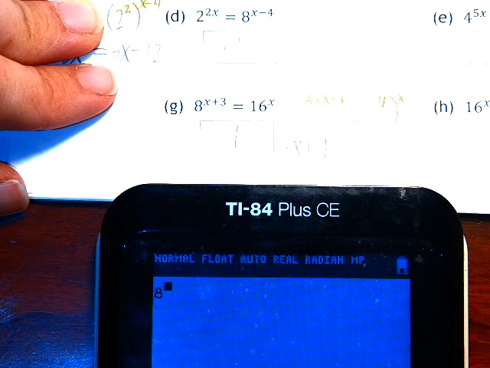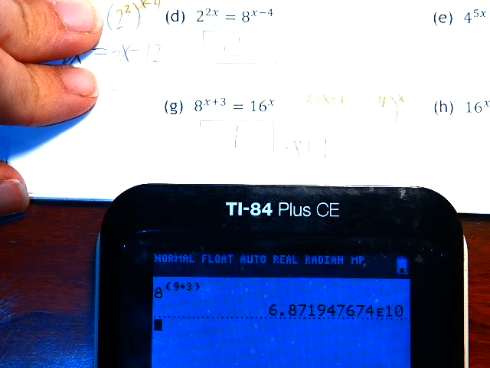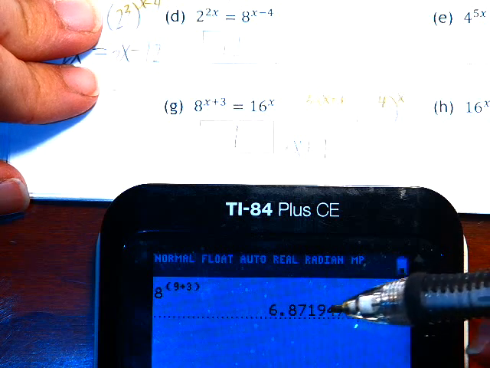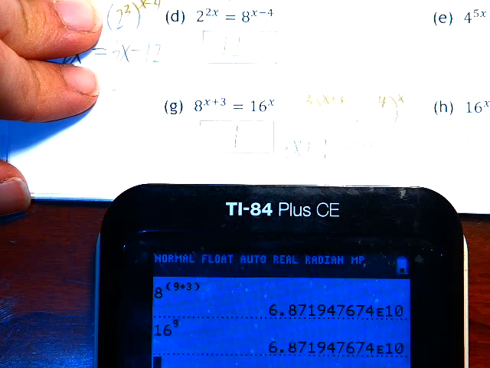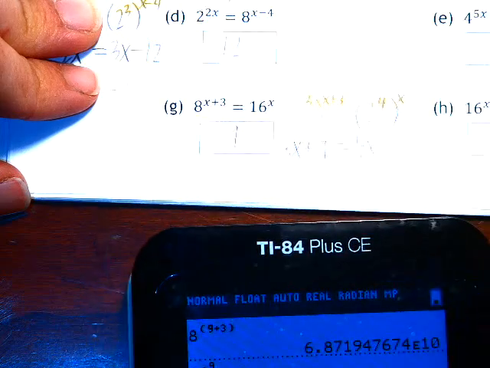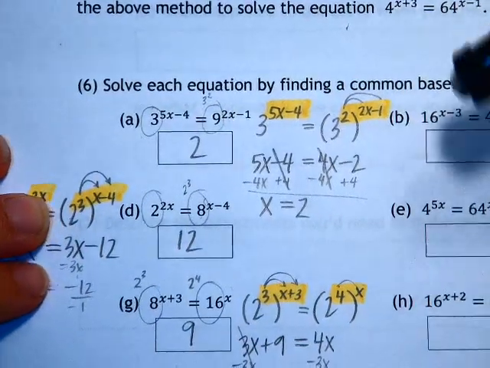So 8 to the power of 9 plus 3, giant exponential. This is standard scientific notation, which means the answer is so big we can't even fathom it on our calculators. But on the other side, 16 to the power of 9 gives us the exact same crazy exponential. So we know it's working, and we know that 9 must be a legit answer.